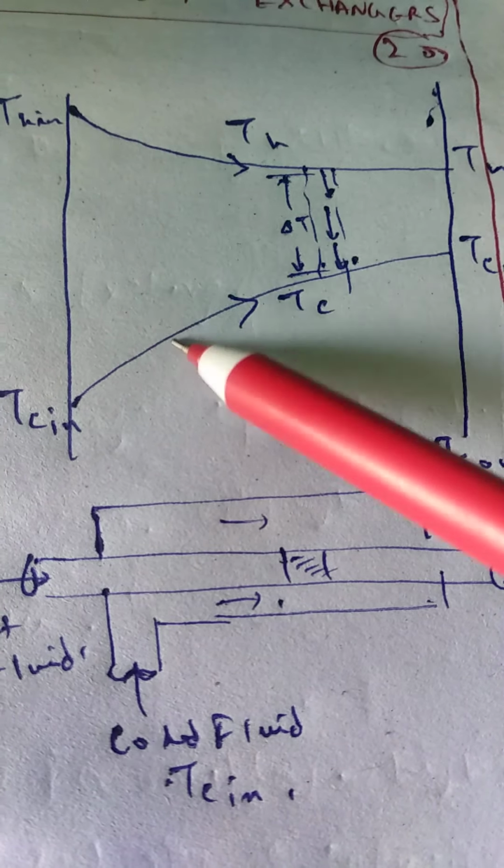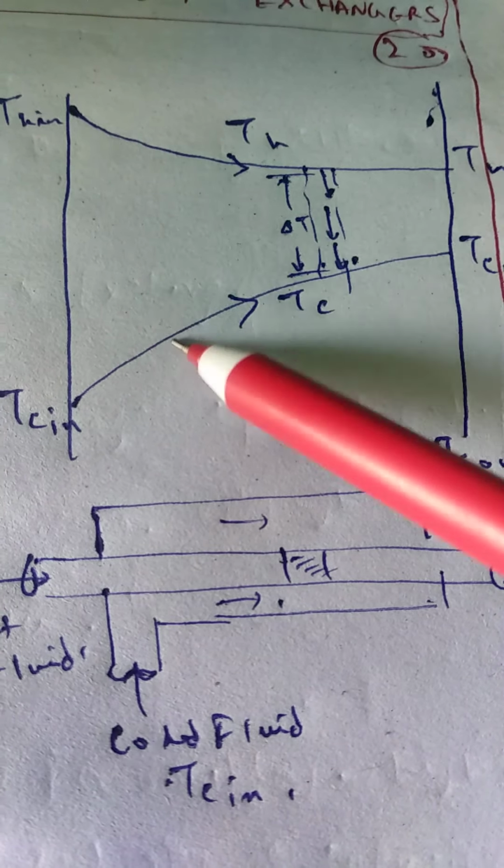Okay, now let us see. Assuming the heat exchanger to be well insulated so that no heat transfer occurs with the surroundings, and neglecting the changes in kinetic and potential energy, we will make the energy balance on each fluid.